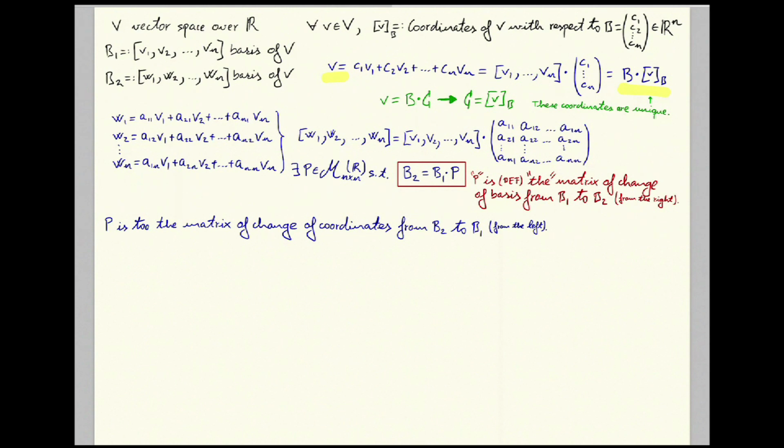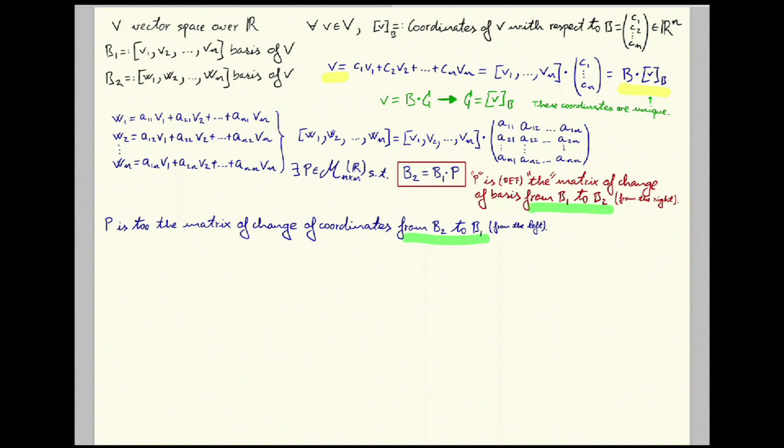Let's talk now about some properties of P. It's easy to prove that this P is the matrix of change of coordinates from B2 to B1. So notice that the matrix that changes the base is the same matrix that changes the coordinates, but in the opposite direction.